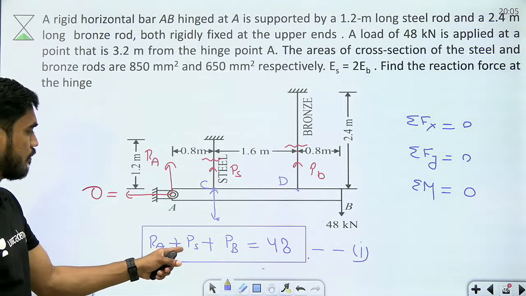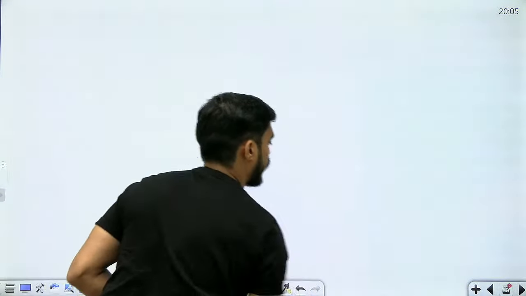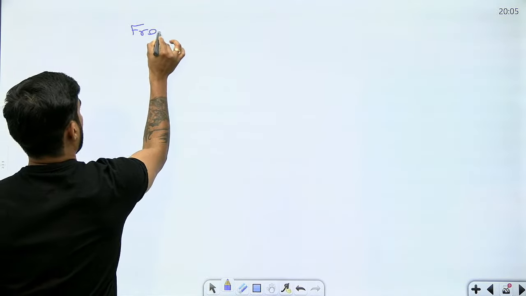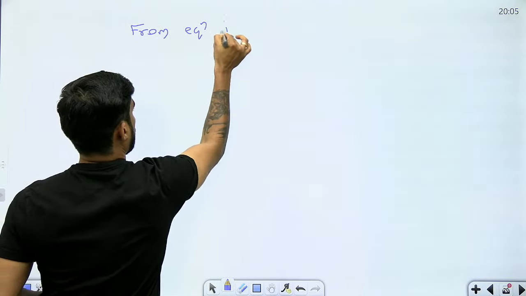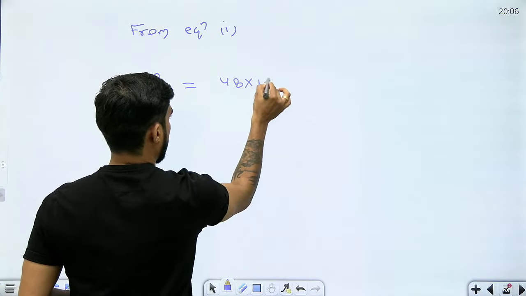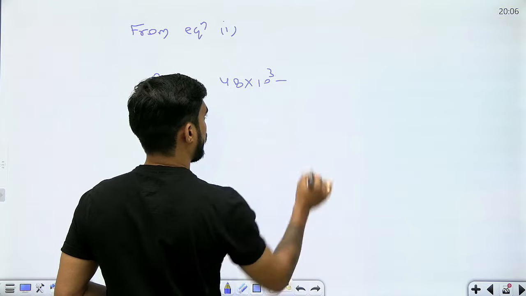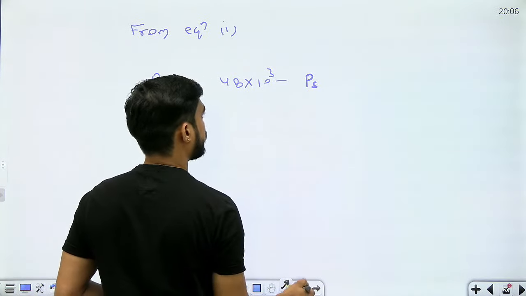Now from equation 1 I will get RA. Equation 1 से अब मेरे को RA मिल जाएगा. RA is 48 kilonewton minus PS minus PB, है ना?